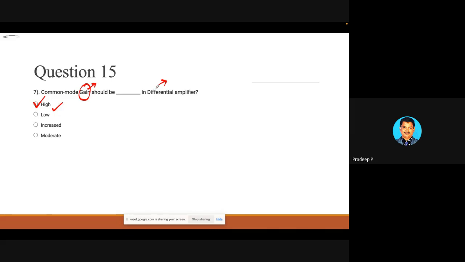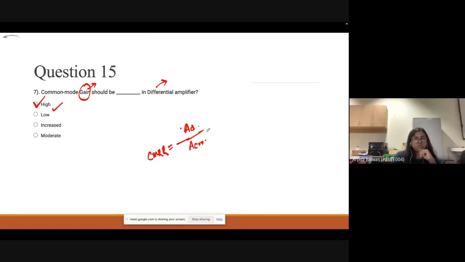Actually, when you are going for CMRR, AD by AC tends to be zero. AC is nothing but the common mode output to the common mode input voltage. That indicates that to eliminate the noise, the common mode gain should be zero. Like that only we are explaining. To eliminate the noise, common mode gain must be high to reach the goal, madam.